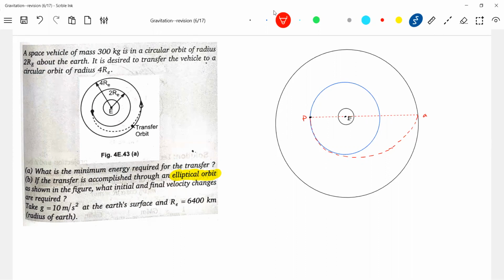This you call a perigee. So we know the radius of the Earth, RE; this distance he has given, RE. Two RE, radius of the Earth, 2 RE, this is 4 RE.